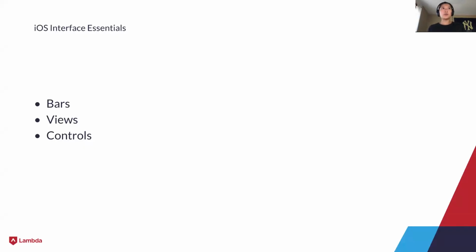For iOS, we'll focus on their interface essentials, which are basically their components. And we'll focus on a few within these categories, but being able to use and understand these elements will help us achieve a consistent appearance across our app's experience. And these 3 categories that we have are bars, views, and controls.